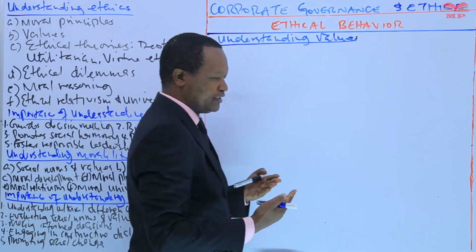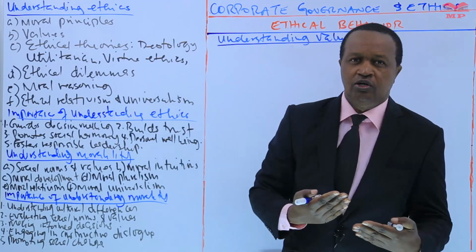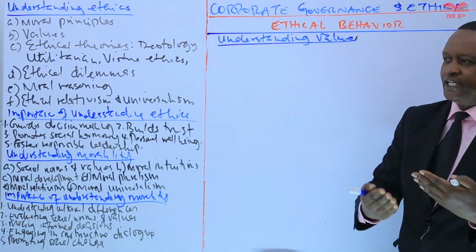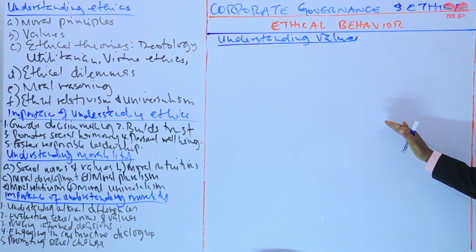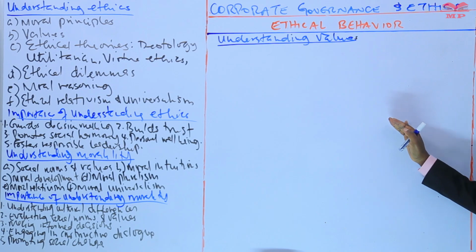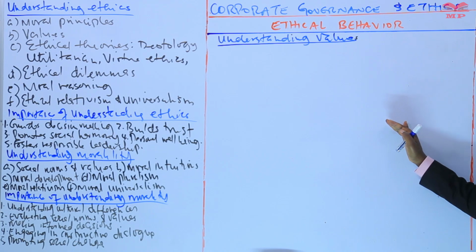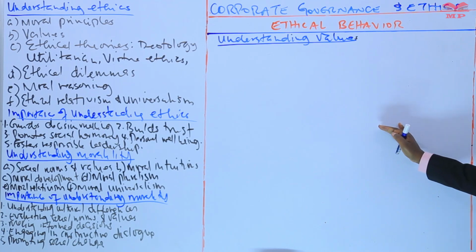Values are the fundamental beliefs or principles that guide our attitudes, behaviors, and decision making. They are the core of our moral compass, and they shape our understanding of what is right and wrong, or what is good or bad. Values are often deeply ingrained and can be influenced by various factors, including family, culture, religion, personal experiences, and so on.